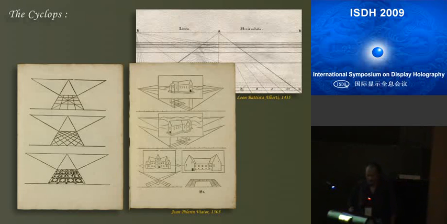So Pellerin Viateur used a system that is very, very similar to Alberti's, but he placed secondary vanishing points outside of the canvas. So for him, it's not a closed system anymore. And what he writes in his treatise, there's a little sentence which is very important.